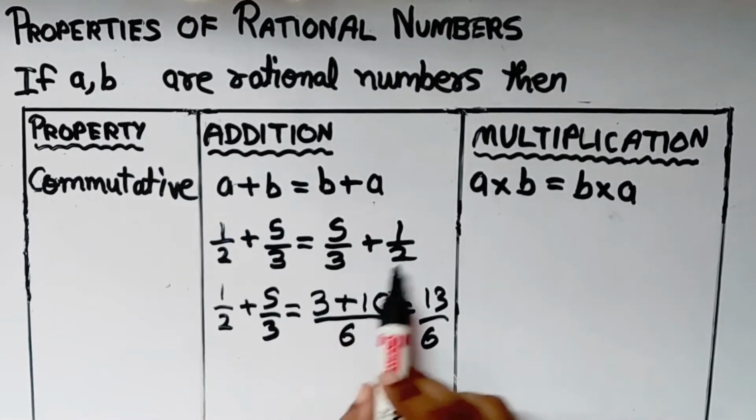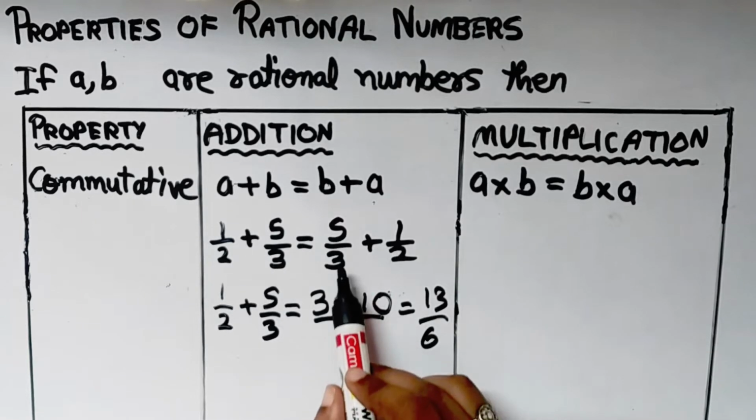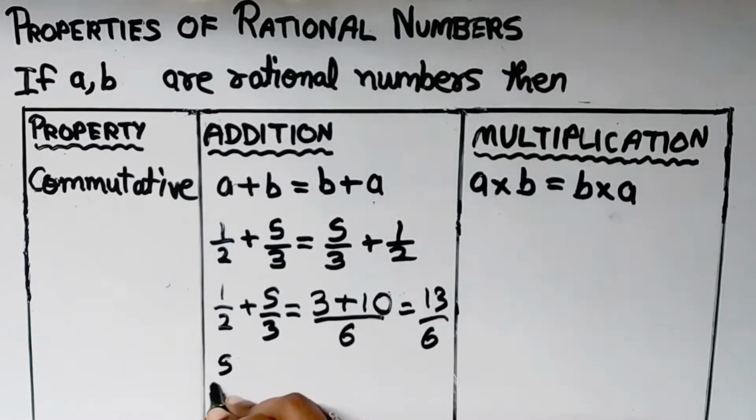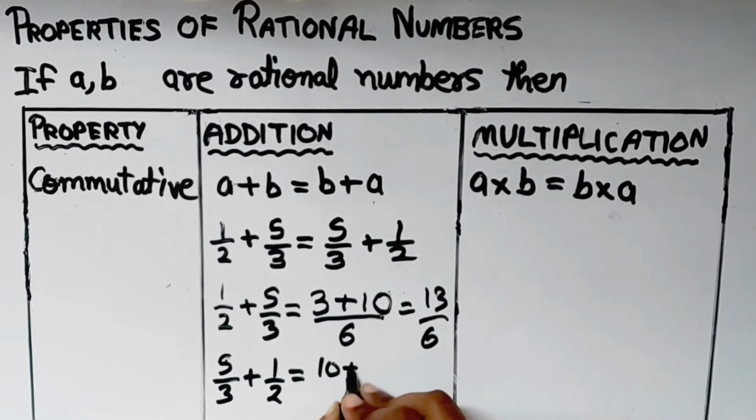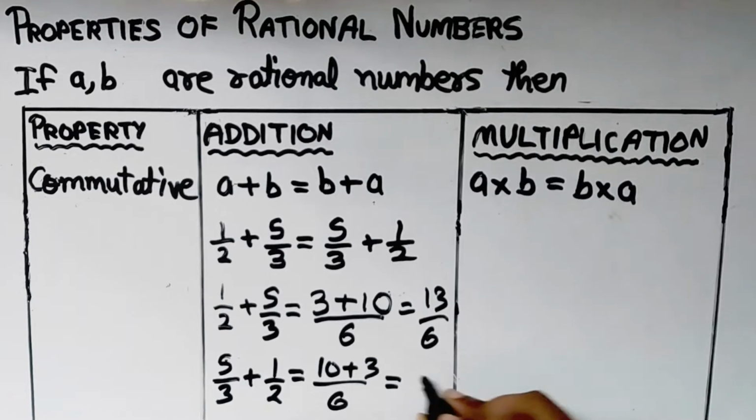Now we solve the right hand side, that is 5 upon 3 plus 1 upon 2, which is equal to 5 twos are 10 plus 3 ones are 3 upon 3 twos are 6, which is 10 plus 3 is 13 upon 6.